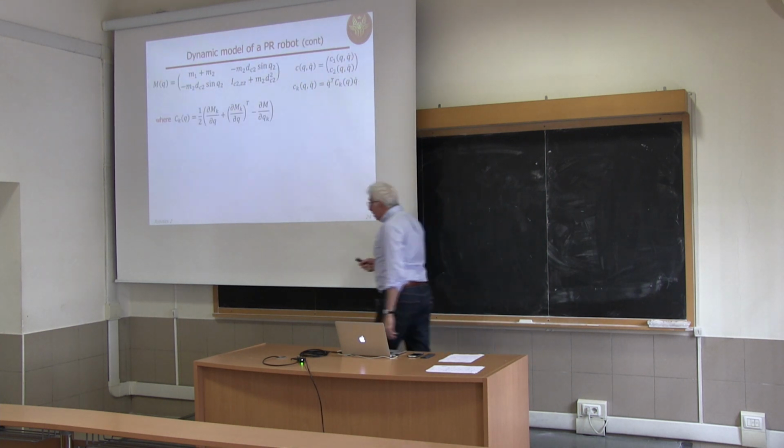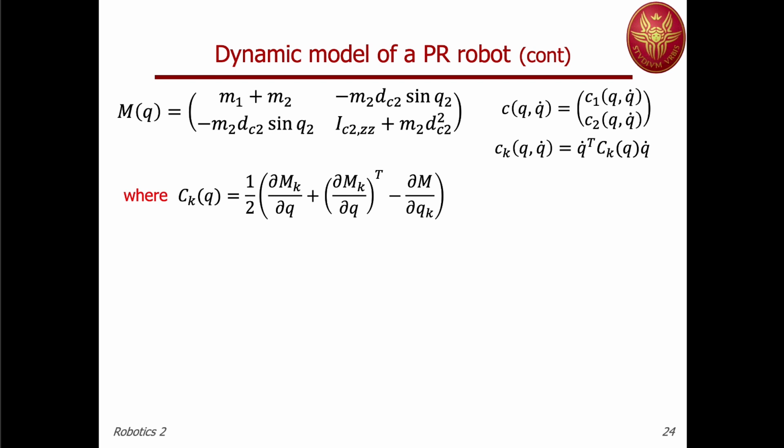So the result is the one on top. So by building up the total kinetic energy, we can immediately extract the inertia matrix, which is the inertial part multiplying the acceleration in the dynamic model. So without applying any longer the Euler-Lagrange equation from scratch, we already know the result.